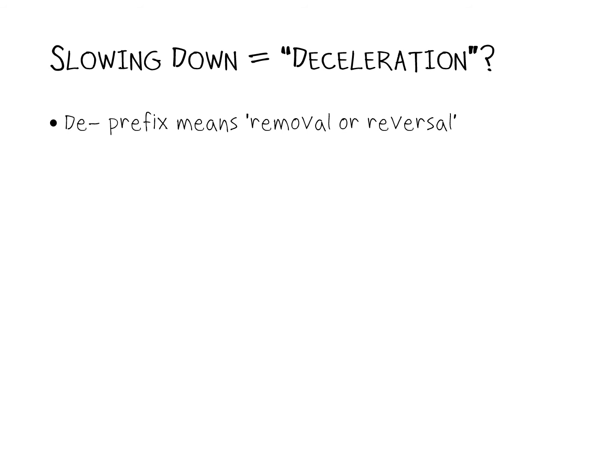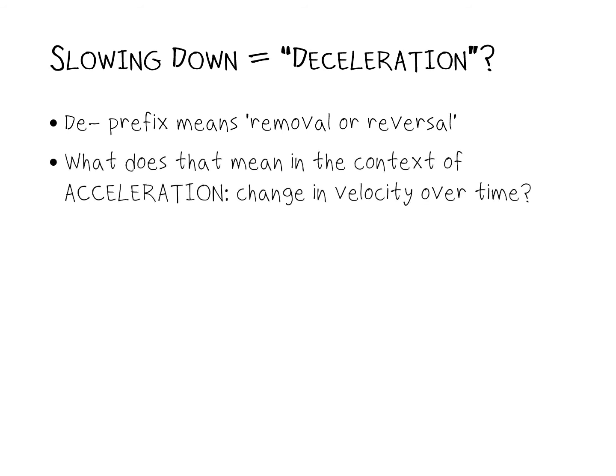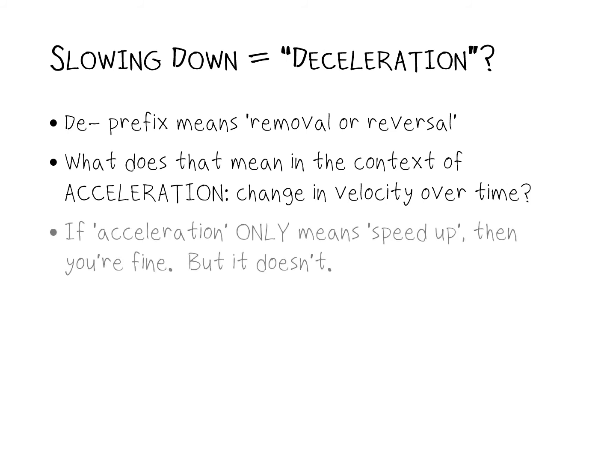So what does that mean when applied to the word acceleration? Acceleration in a physics context means a change in velocity. So does it mean that you're not changing the velocity, or does it mean you're getting rid of the velocity that you changed? It gets messy, but it only gets messy if you understand the real definition in physics. If you're like 99% of the world and assume that acceleration means only to speed up, well, then you're okay.